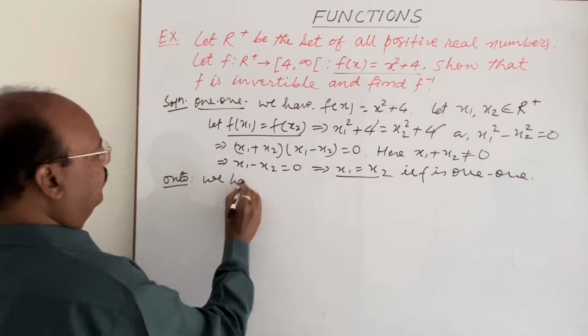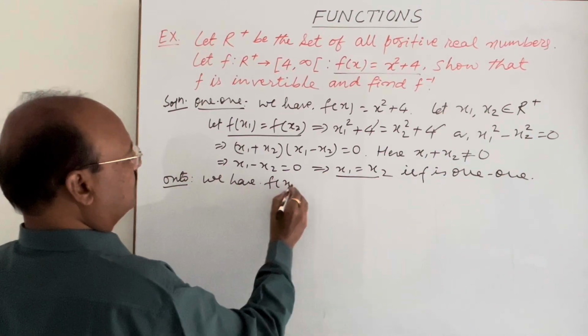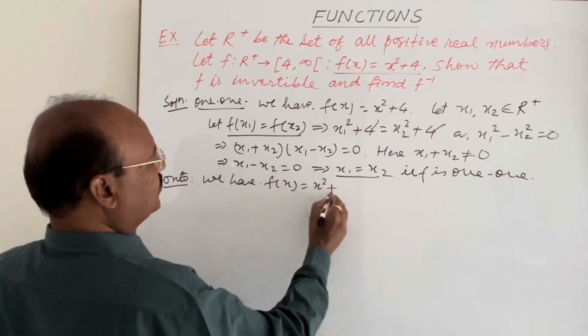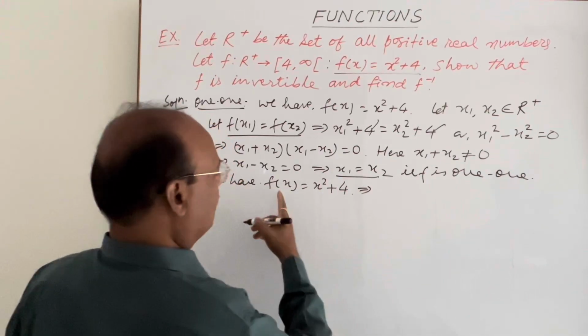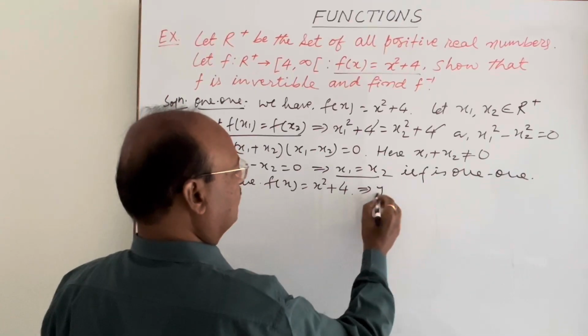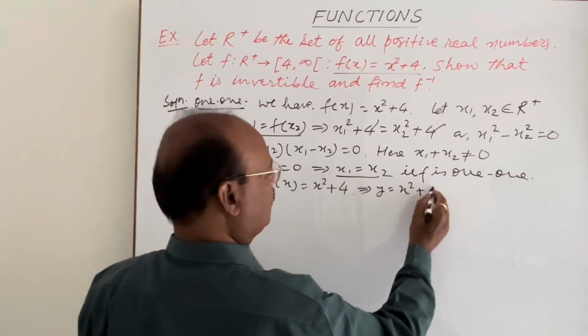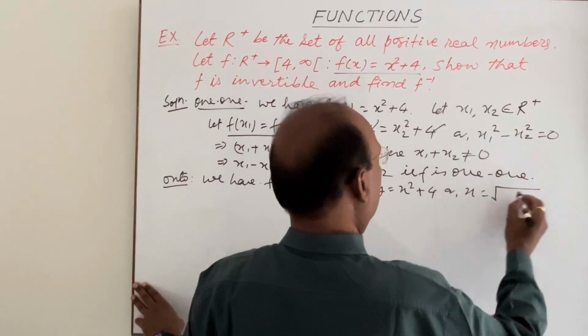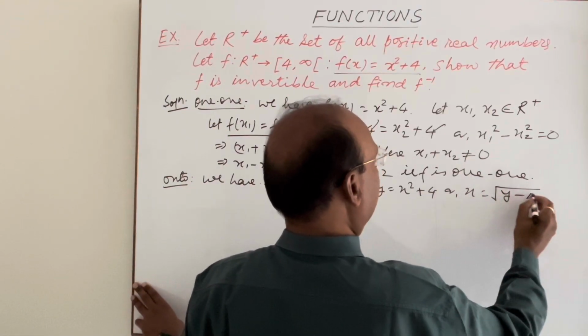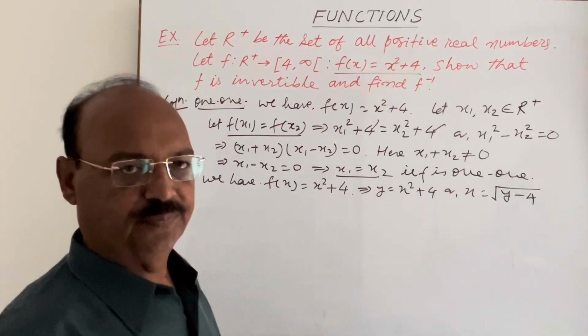So we have f(x) is equal to x square plus 4. In place of f(x) we write y is equal to x square plus 4, or x is equal to square root of y minus 4.